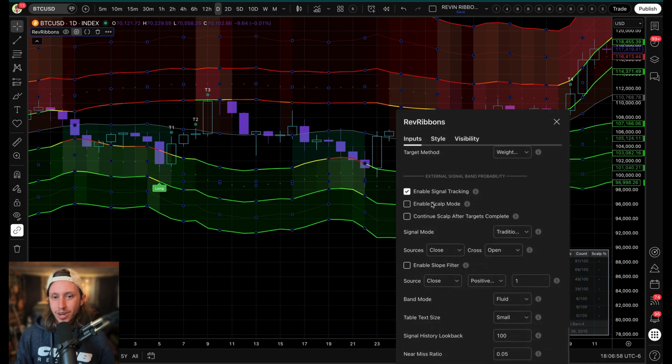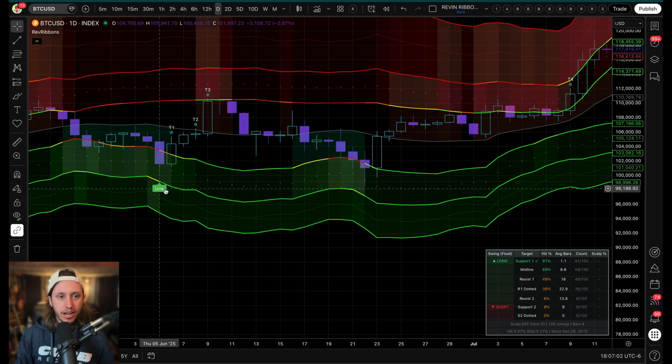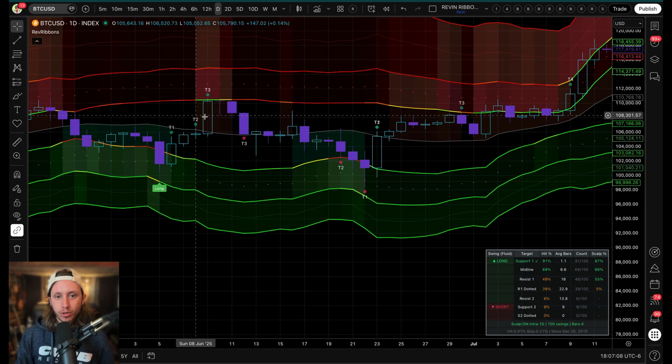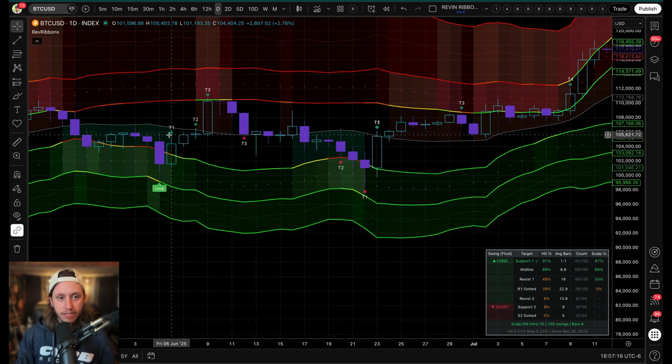And if you want to have it re-enter trades after it takes profit, this is how it would work. As soon as target 1 is hit, target 2 or target 3 are now available to re-enter. So you can see as it swings back down, we are buying, or I guess I wouldn't be selling here if you're using it as intended.